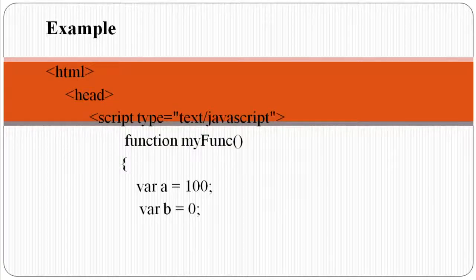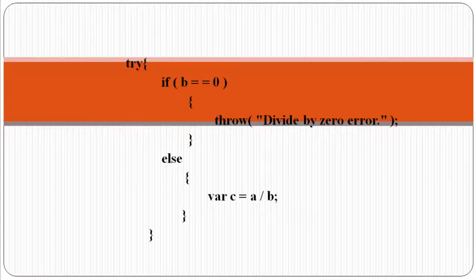Let's see a simple example for these try and catch blocks. Here I am using a function with my function name. a equals 100, b equals 0. This try block contains the code to be executed. If I get any errors in this running code, then it will throw an exception.